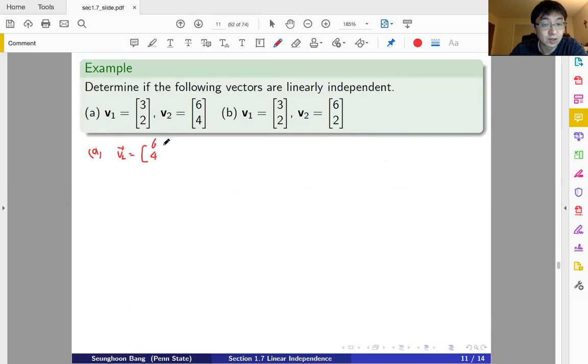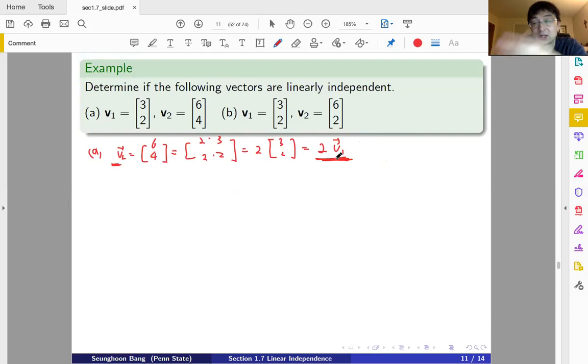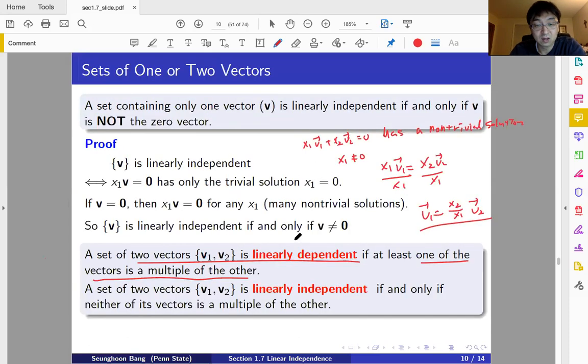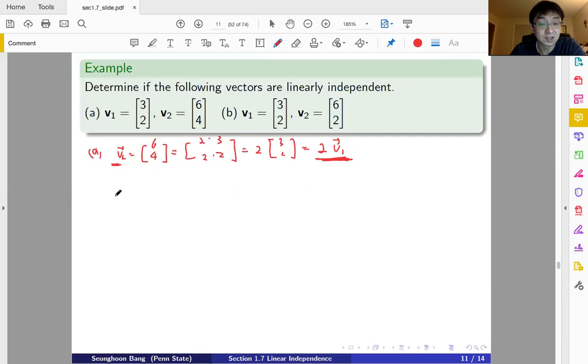The 6, 4 is exactly the same as 2 times 3, 2 times 2. So we have 2 times the vector 3, 2. So this is 2 times vector v1. The v2 is a multiple of vector v1. So what does it mean? So here, linearly dependent. This is the definition.